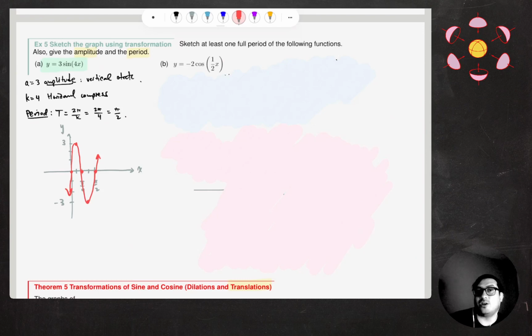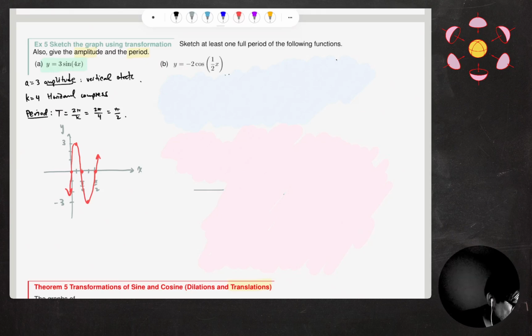And we're doing that to the cosine. And then one more thing, the 1/2 x. So remember, the 1/2 means that we're taking it horizontally and stretching it out horizontally. So there's 3 things we're doing: stretching it out horizontally, stretching it vertically, and then flipping it as well.